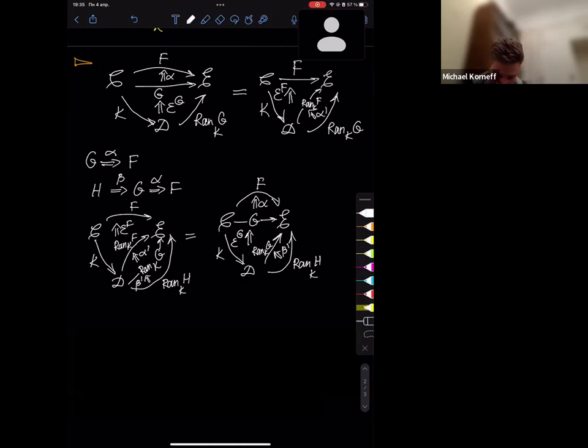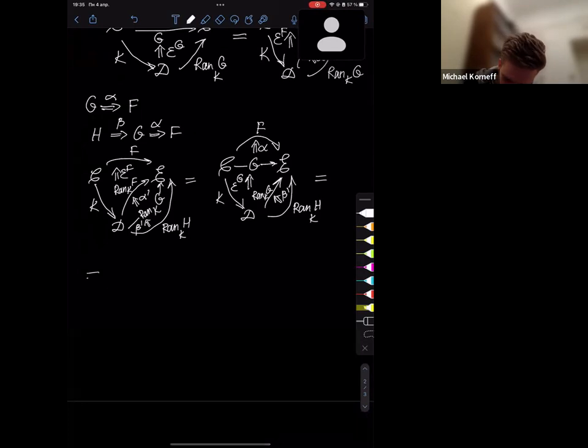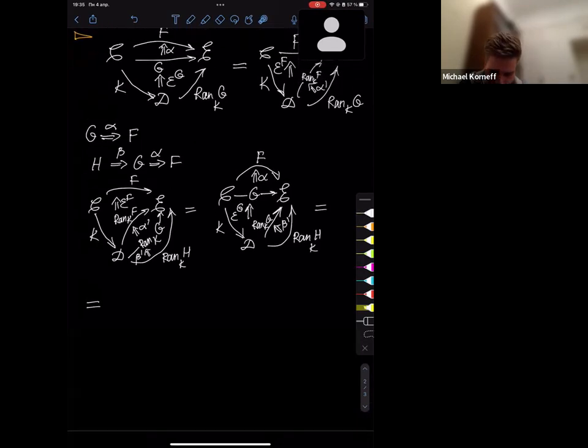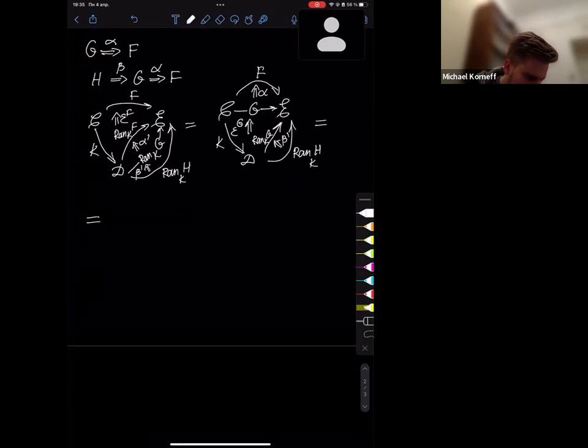Okay, and in the same way we can compose these natural transformations, and thus we obtain the following diagram.